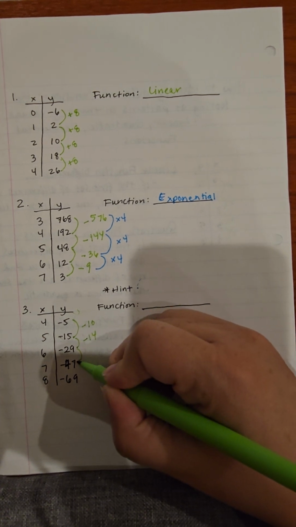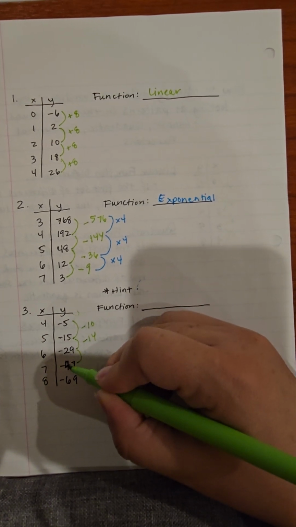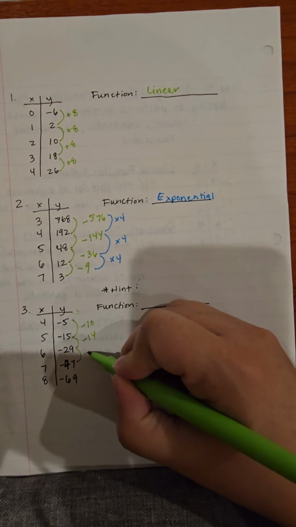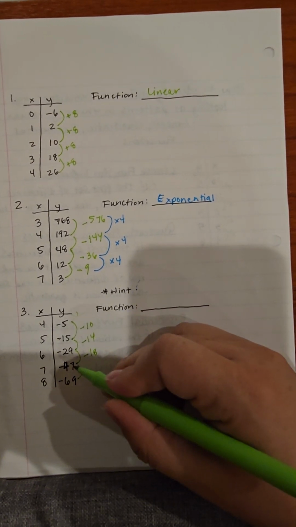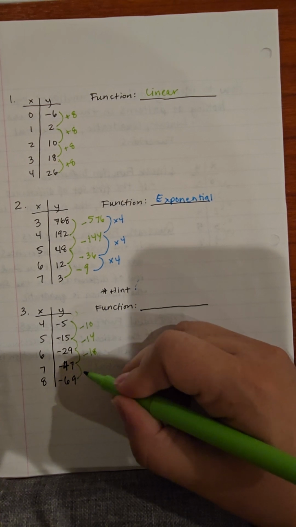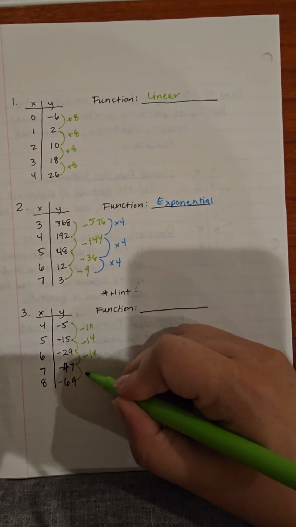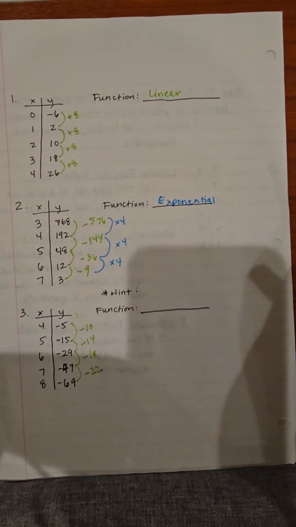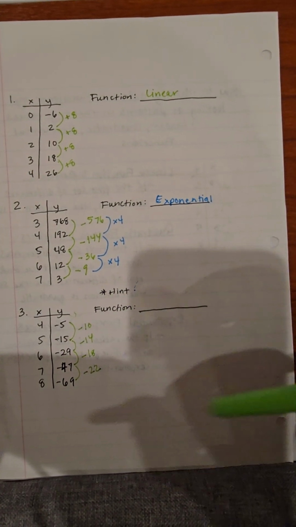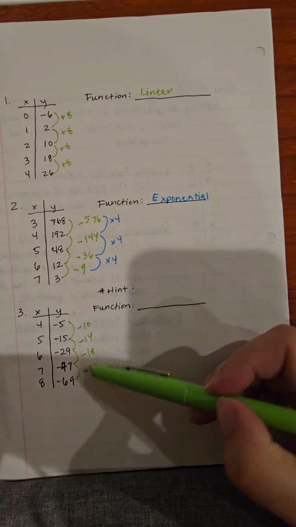And then the difference between -29 and -47 is 18. And the difference between -47 and -69 is 22. Now, see how all of these aren't the same number?